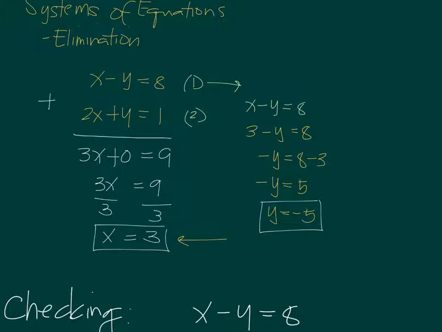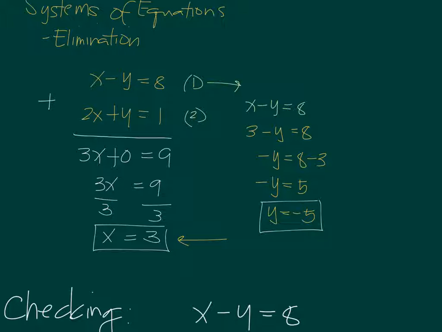And in this example, we eliminated y by adding the two equations, because in the first equation it's minus y, on the second equation is plus y. They're exactly opposite. And then perform algebraic manipulation until you get the value of x. And from there, if x is known as 3, then you can pick any of the equations to find the value of y.